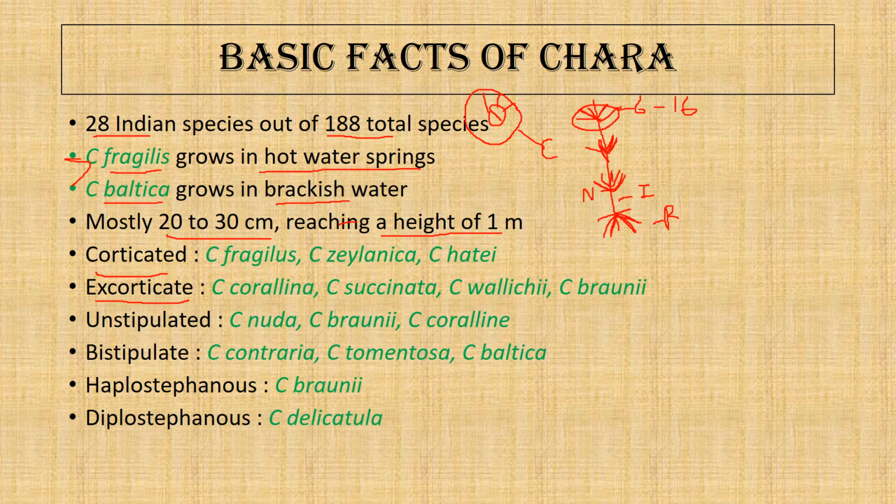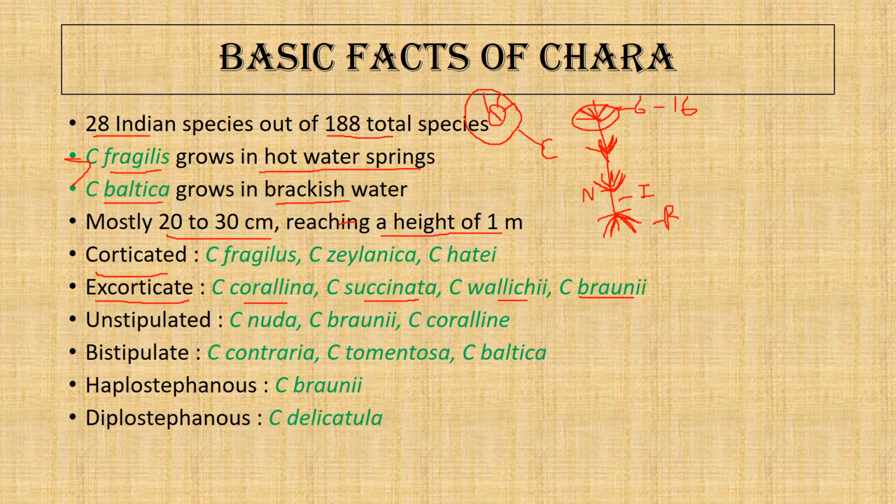This type of arrangement is called corticated arrangement. And if the Chara species does not have this cortication, then it is called an ecorticate species. Chara corallina, Chara succinata, Chara wallichii and Chara braunii are ecorticated versions.